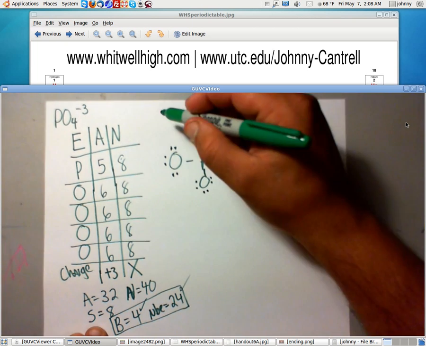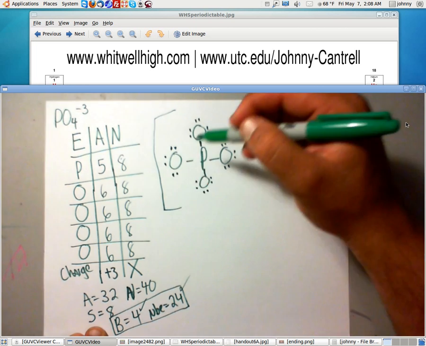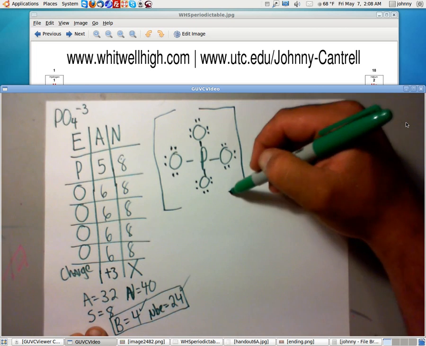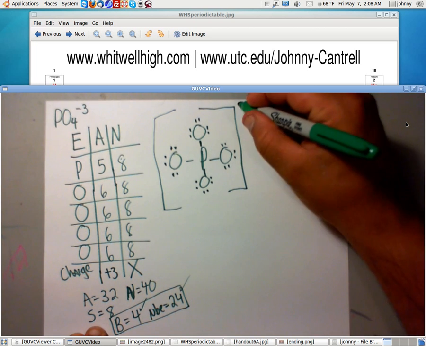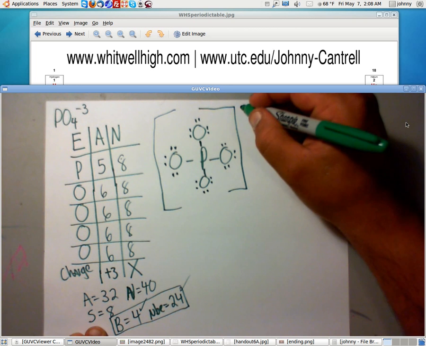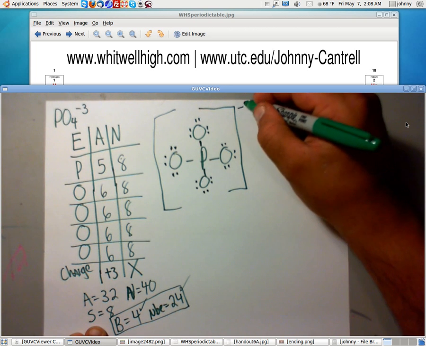Now remember, it's got a charge, so let's put brackets around it. And then let's put the charge on it on the outside, 3 minus. But if your professor or teacher will let you, you can write negative 3.